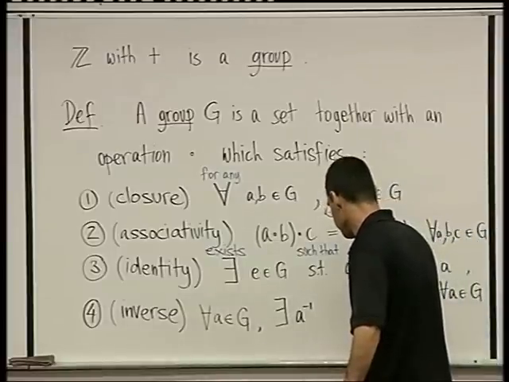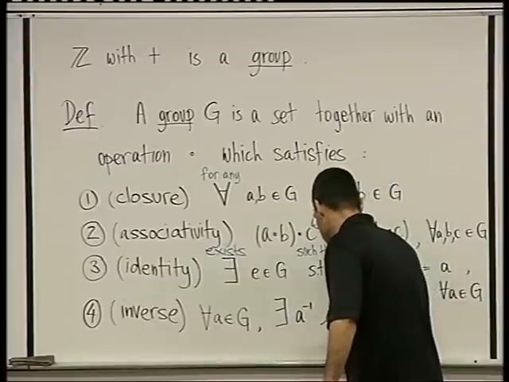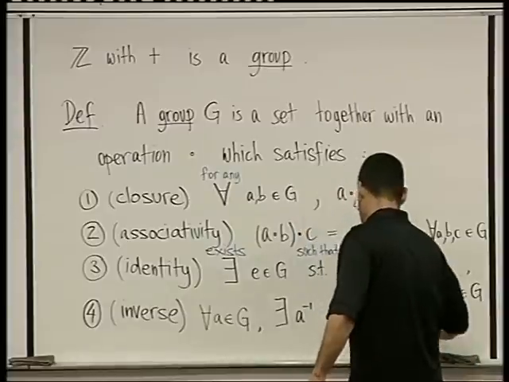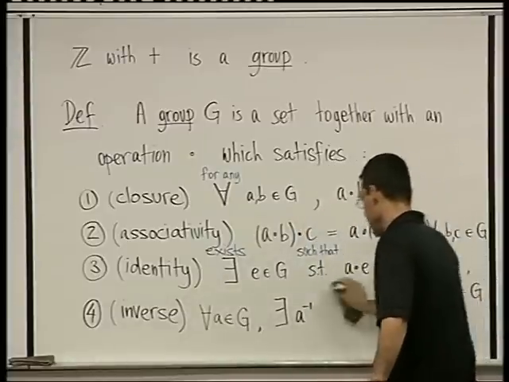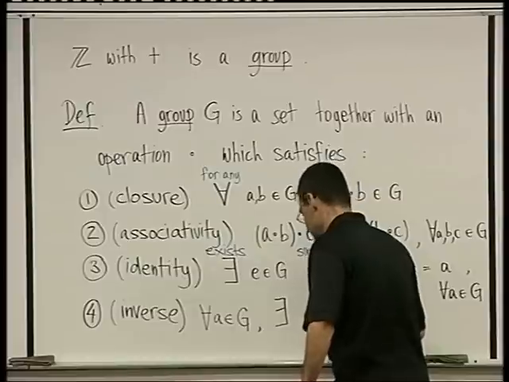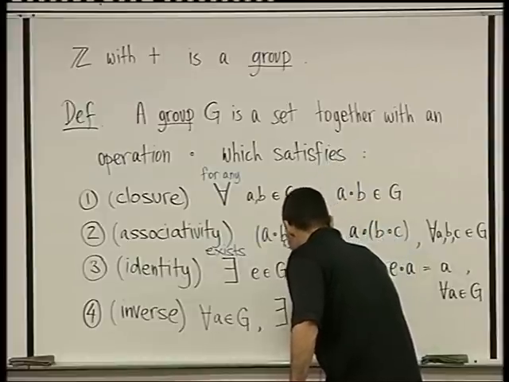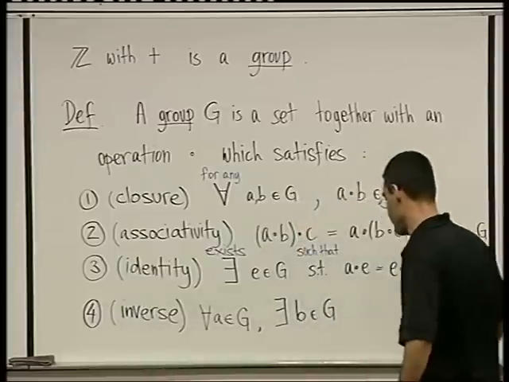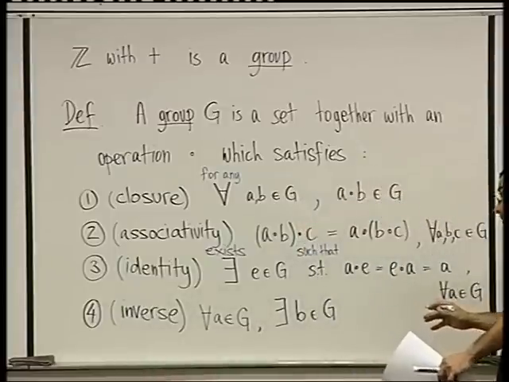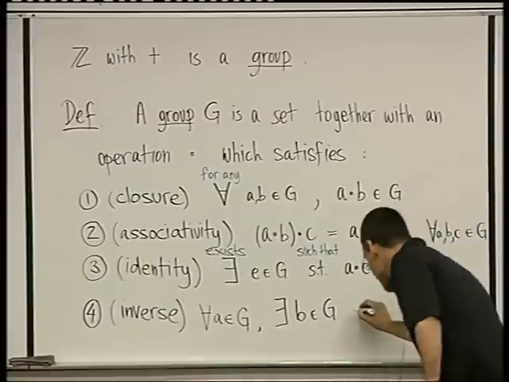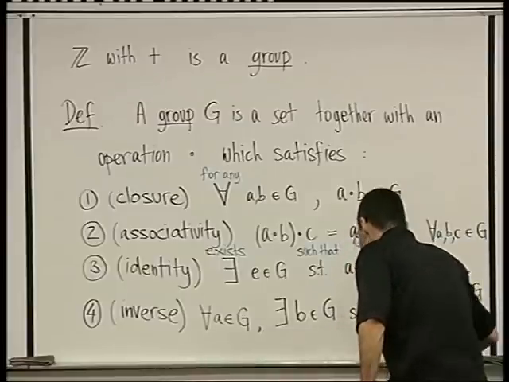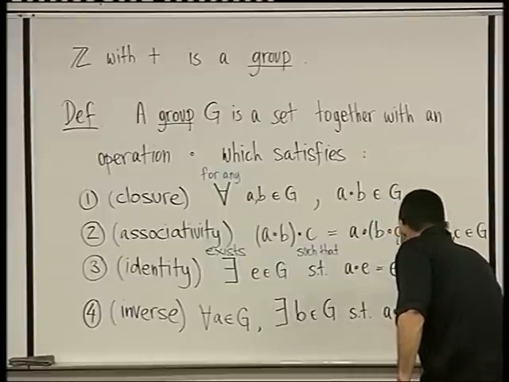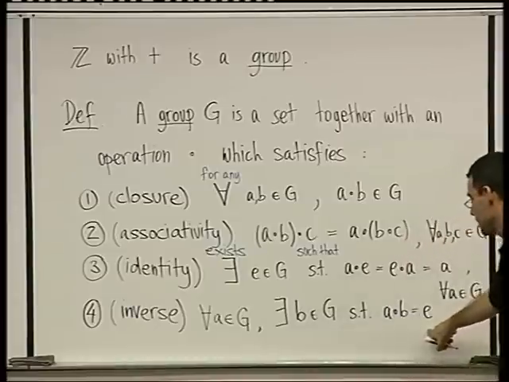A to the minus 1. Sometimes we denote it by minus A. Let's stick to this notation. Usually it depends. I'm debating here. Let's call it B. There exists a B in G. Okay, so for every element, there is another element such that if we compose the two, A composed with B, we get the identity element.